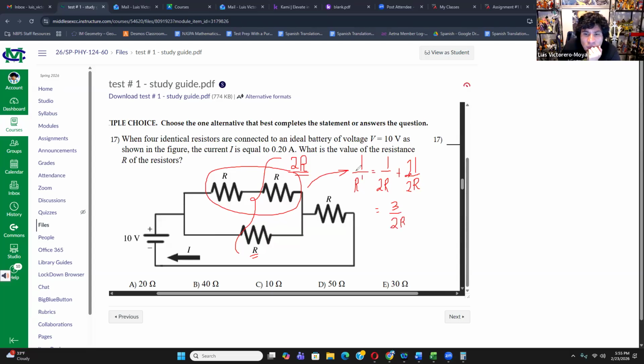And don't forget you got just 1 over R prime. So R prime, when you flip it, is 2R over 3. That's the equivalent of these three.